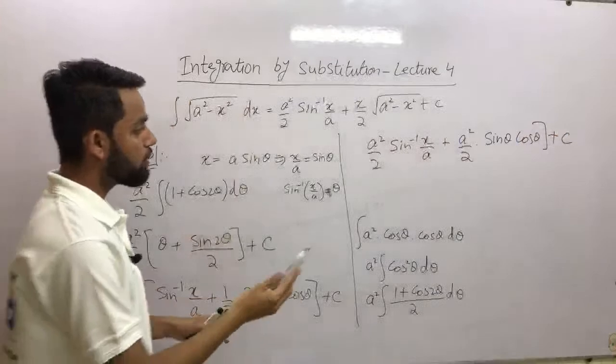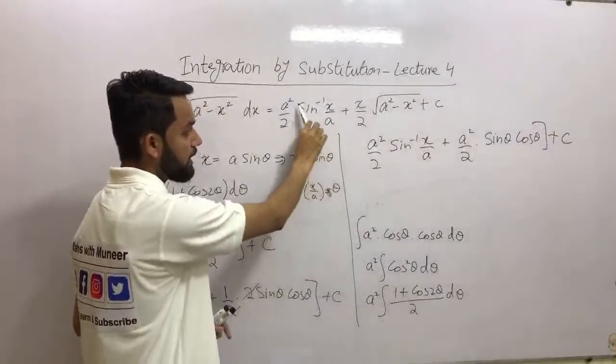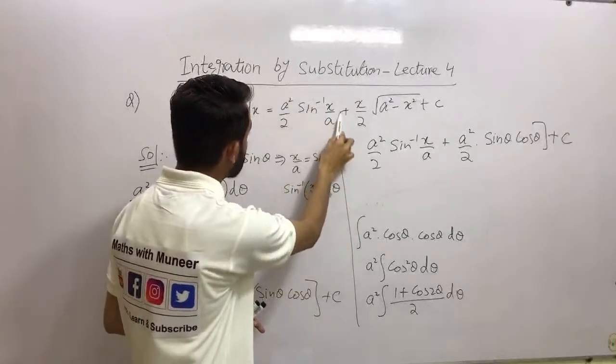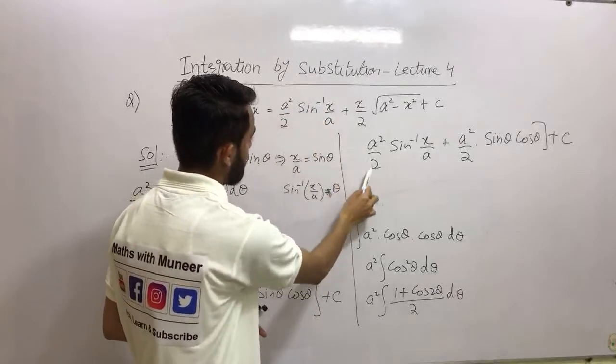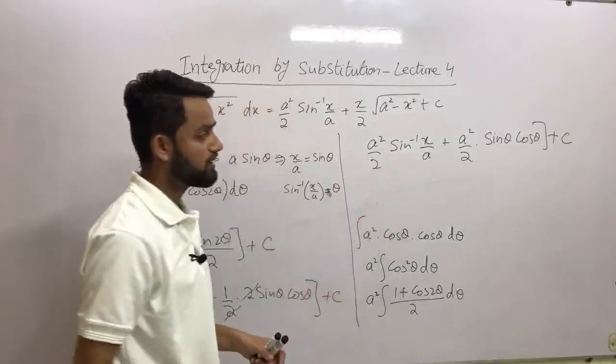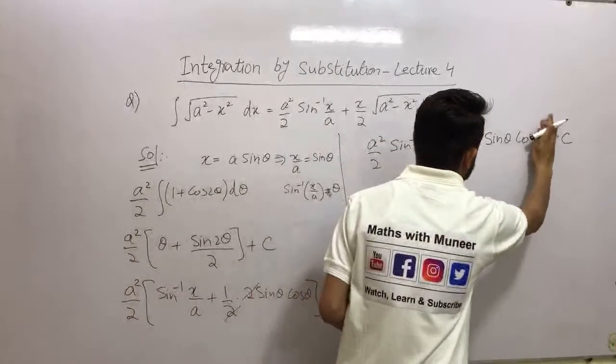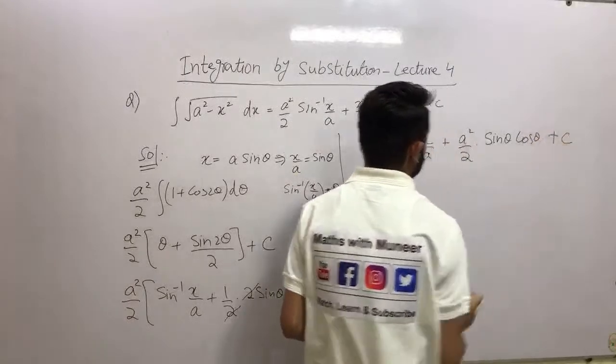Okay, so now if you compare these two results, the one that we have to prove and the one that we are doing, you will see that we have got the first form, which is a square over 2 sine inverse x over a. But still our question is not completed yet. Why have I put this bracket? We don't really need it.